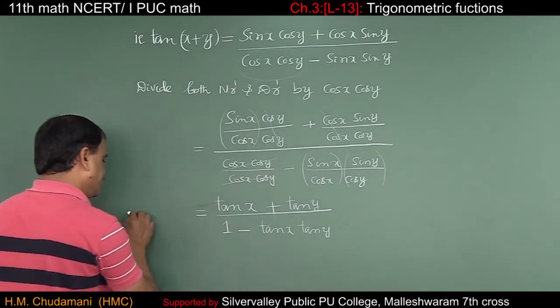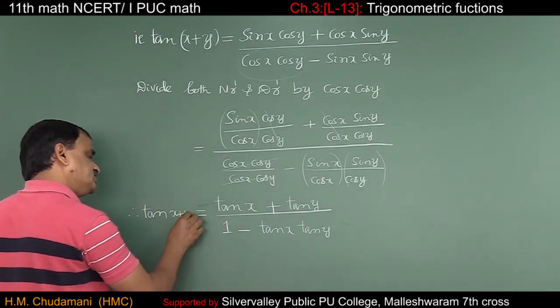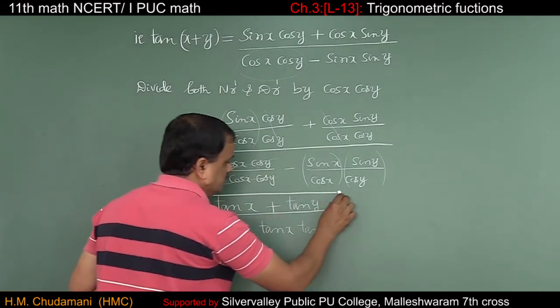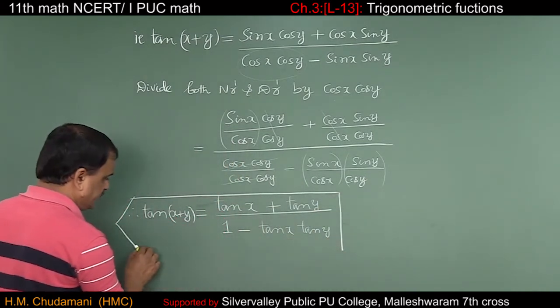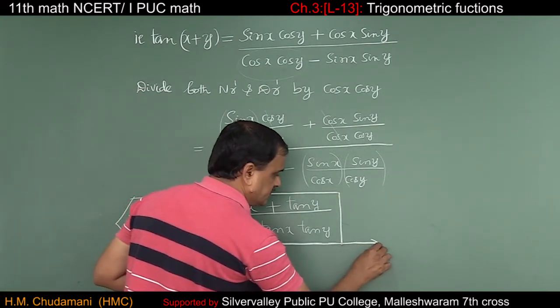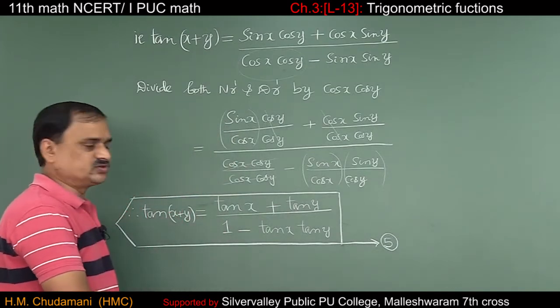So therefore tan of x plus y is equal to tan x plus tan y divided by 1 minus tan x into tan y. So this is the fifth result you are supposed to remember.